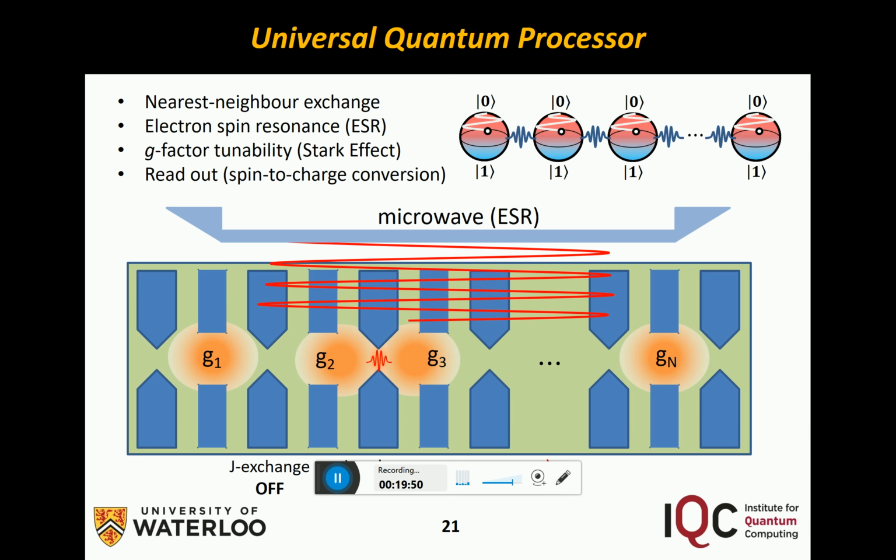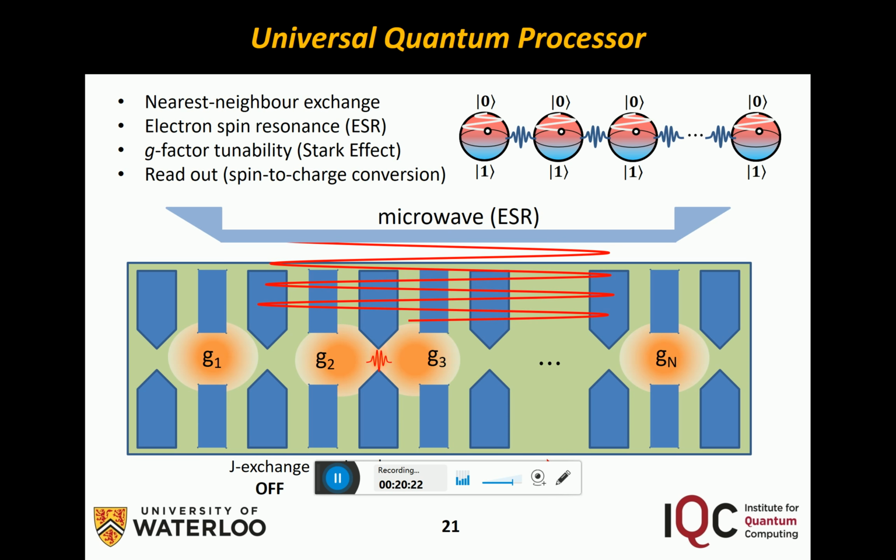And you need two requirements, as you may recall. We need arbitrary spin control of a single qubit, I should say. So you need to perform arbitrary single qubit operations, and you can achieve this through ESR. You can also have tunability of your ESR control through the Stark effect, which allows you to tune the g factor by means of electrical control, so voltages on the gates.